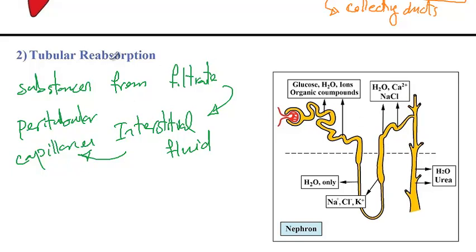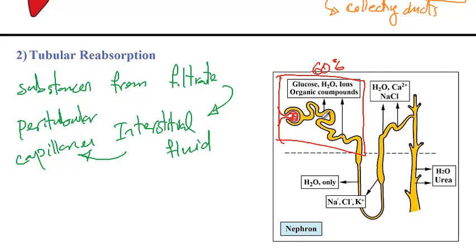Most of the reabsorption process, in fact 60% of the reabsorption that happens in the nephrons, happens in the proximal convoluted tubule. So in the proximal convoluted tubule, as much as 60% of reabsorption happens.